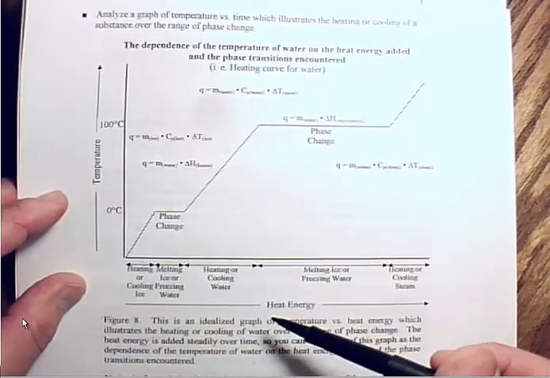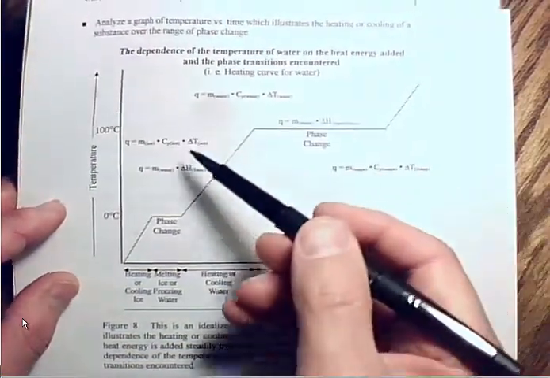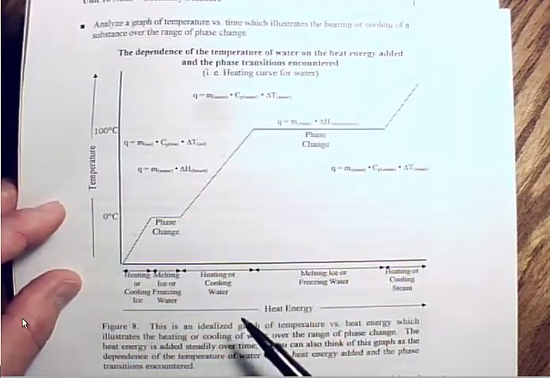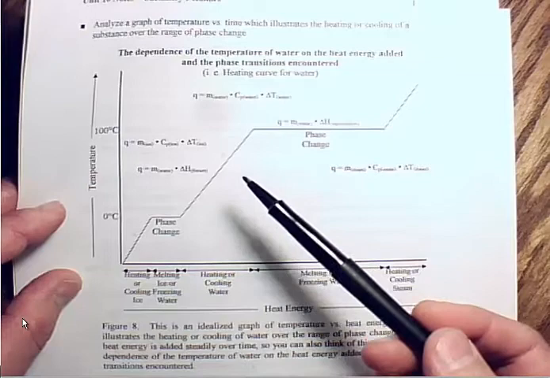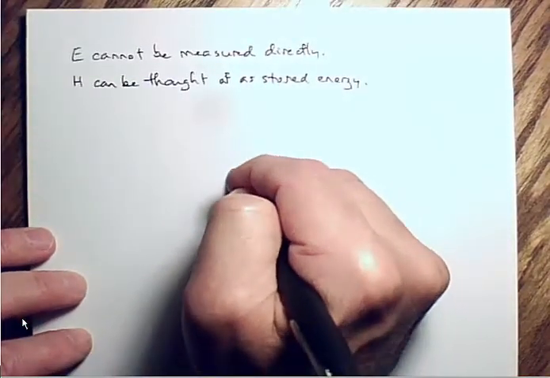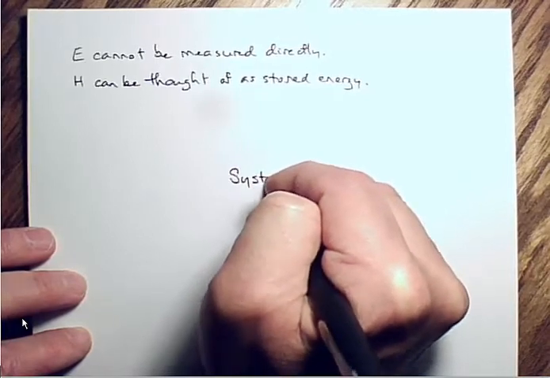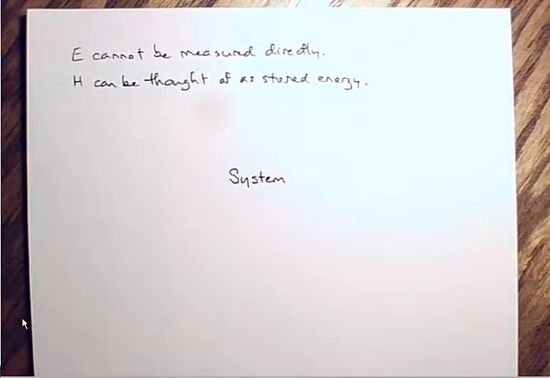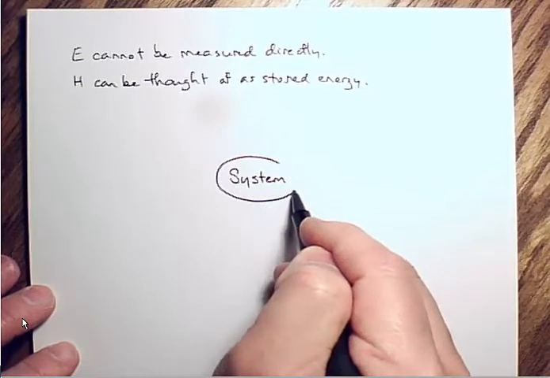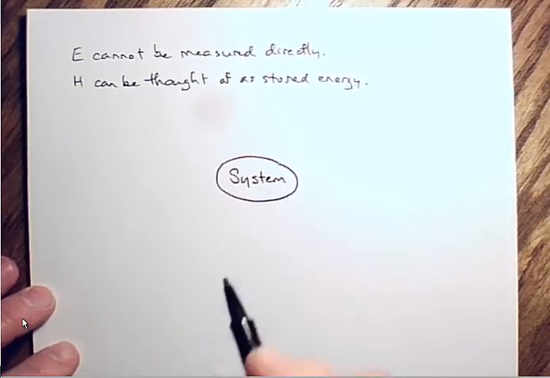Well, where did that heat energy come from? If this is our system, then the heat energy came from somewhere outside that system, and that would be the surroundings. So the theoretical idea is that we have something called the system, the area where we're measuring or trying to find out about a change either in temperature or energy or something. Energy in the system is constant.